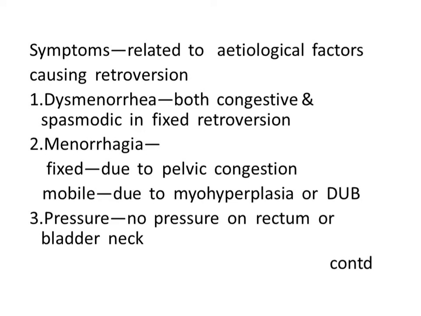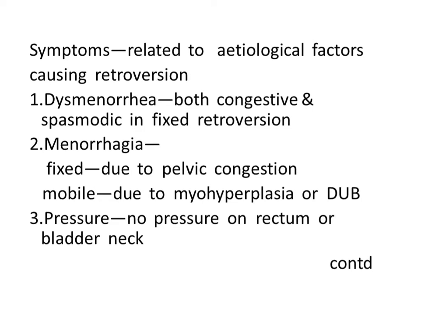Spasmodic dysmenorrhea is where the uterus is contracting, the uterine muscle is contracting. This usually starts after the start of the menstrual bleeding. This is because of the presence of some tumors in the uterus, or there is a greater amount of bleeding, presence of large clots, and the uterus tries to expel these clots.